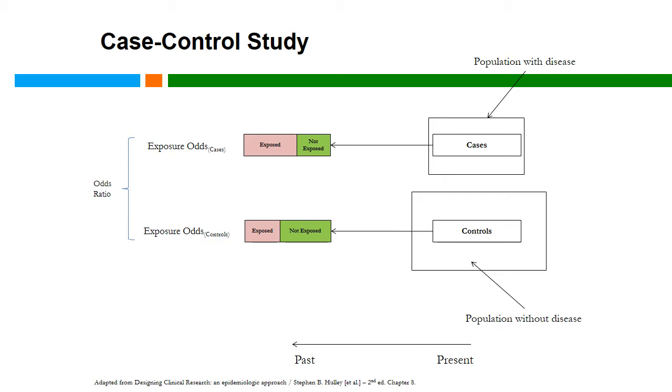The odds of being exposed among the cases is calculated, and the odds of being exposed among the controls is calculated. And the ratio of these two odds, the odds of exposure among the cases and the odds of exposure among the controls, is the odds ratio that's calculated as the measure of association in a case control study.